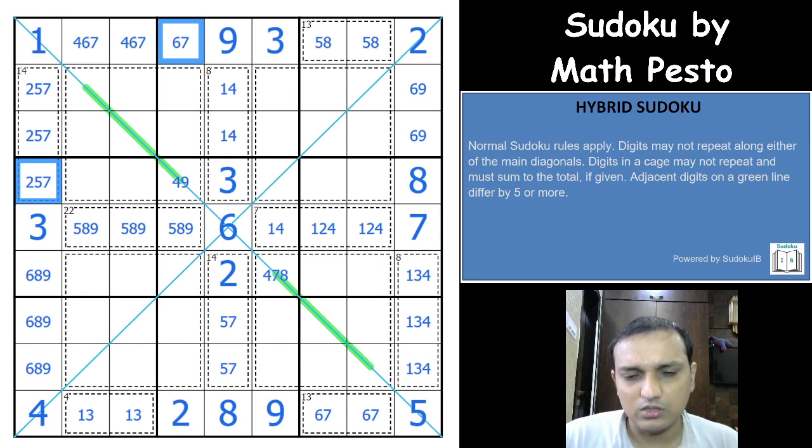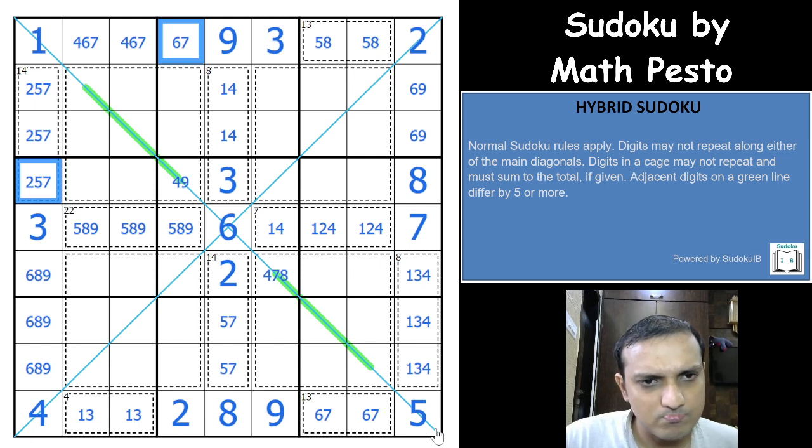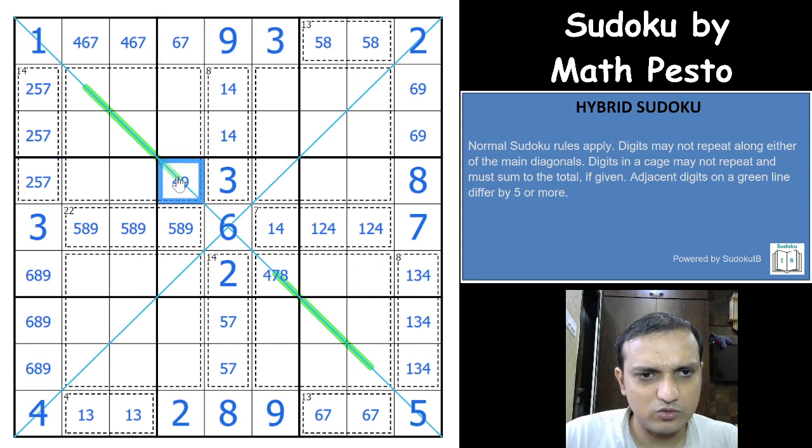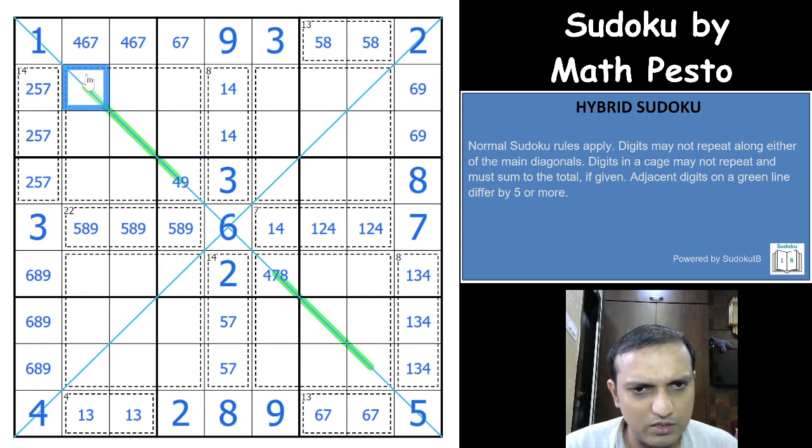So sorry, at least one of these two cells would have to be a 7. So this cell cannot be a 7. So it is either 4 or a 9. If it is a 4, this cell would have to be a 9, and okay, can be anything.